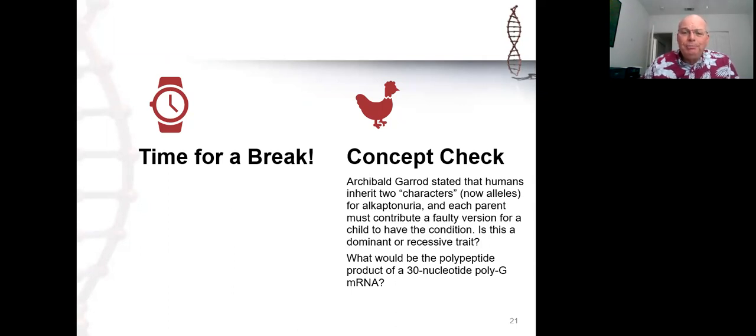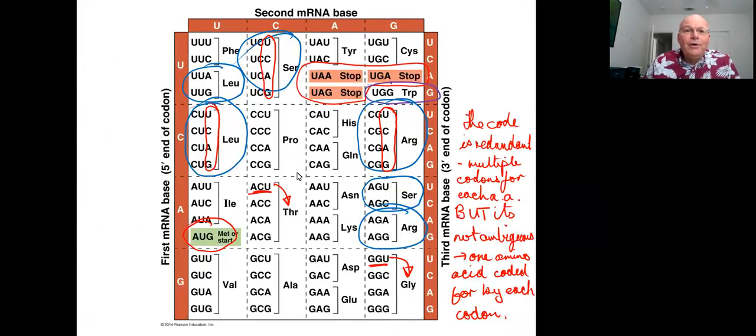What would a polypeptide product of a 30 nucleotide polyG messenger RNA be? Well, let's go back to the genetic code very quickly. And let's find GGG. So we start on this side. There's the first G. That's the first G of the codon. Here's the second G. And then we're going to come down here and find the third G. And there it is there. GGG. And that's for the amino acid glycine.